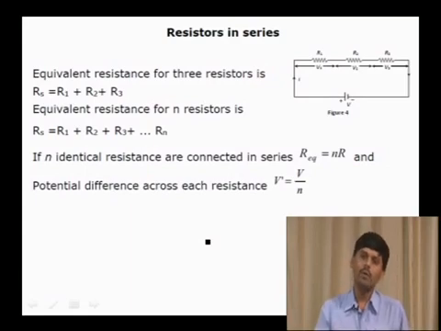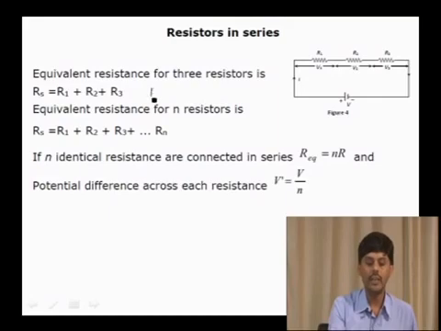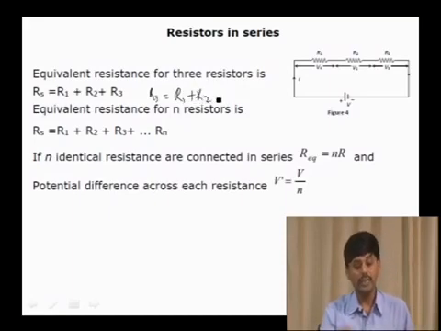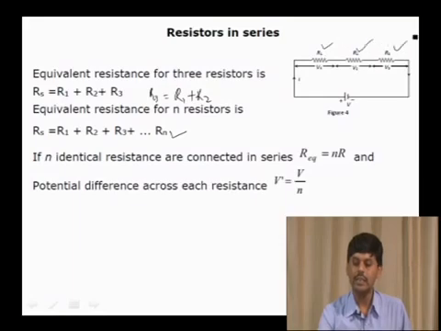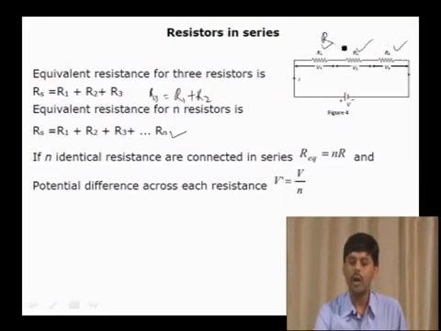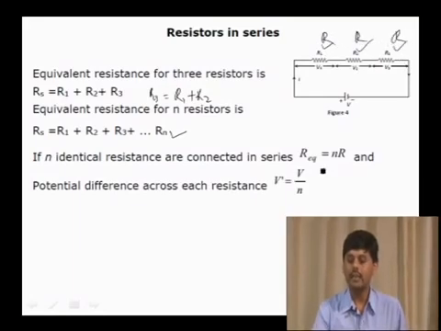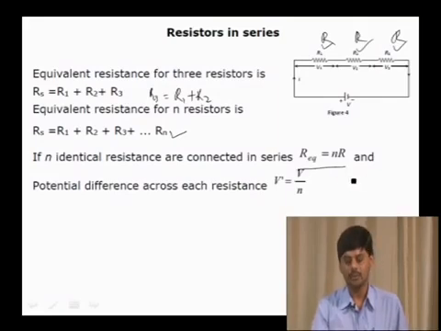If there are only two resistors, then Rs is equal to R1 plus R2. If there are n number of resistors, then you follow this equation. Suppose we have n number of resistors all equal to R, then the equivalent resistance is nR.